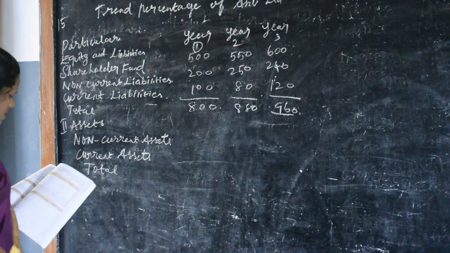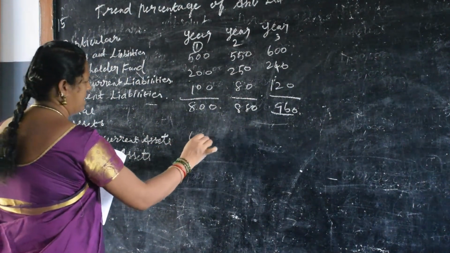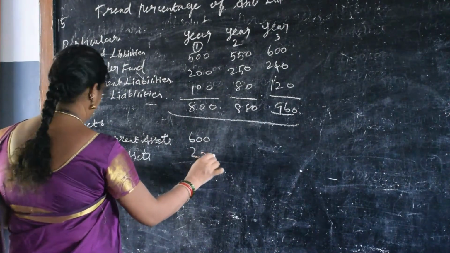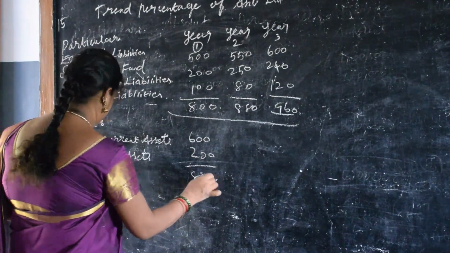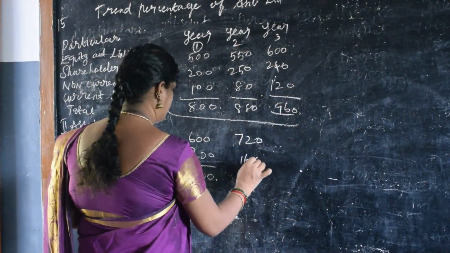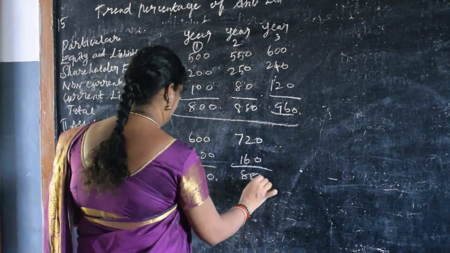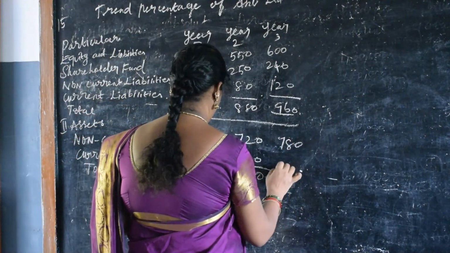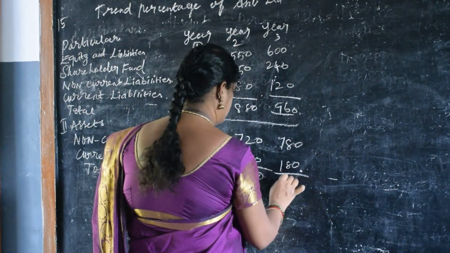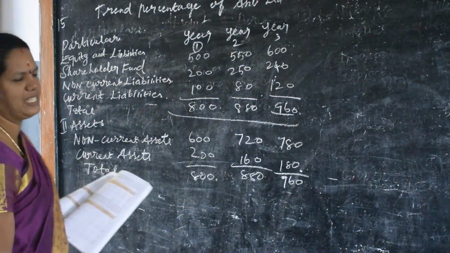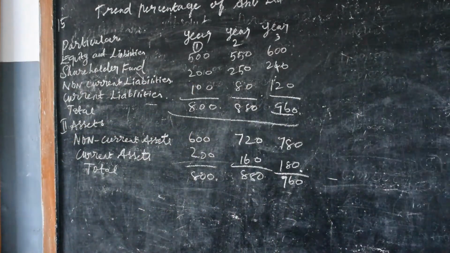Okay, and non-current assets 600 and 200. Total is 800. 720, 160, that's 880. 780 and 180 is 960. Okay, now we are going to find out the percentage amount. Percentage amount for the 3 years.